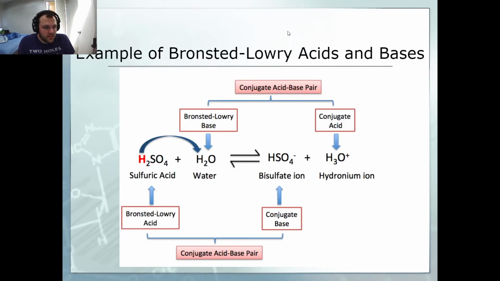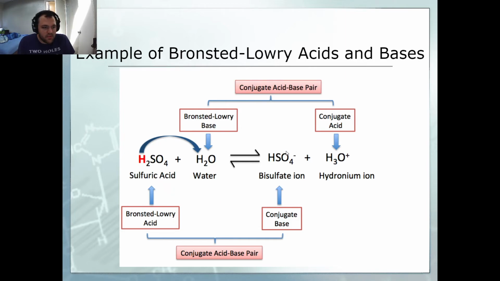So here's another example. We've got H2SO4 as our Bronsted-Lowry acid, and what it's going to do is give a proton to the water. If it is donating that proton, that makes it the Bronsted-Lowry acid. And the water is what's accepting the proton, so it is our Bronsted-Lowry base. That's what's going on on the left side of the equation. On the other side, the HSO4 minus, after it has lost that proton, if we were going to go back the opposite direction, it would need to accept that proton back.